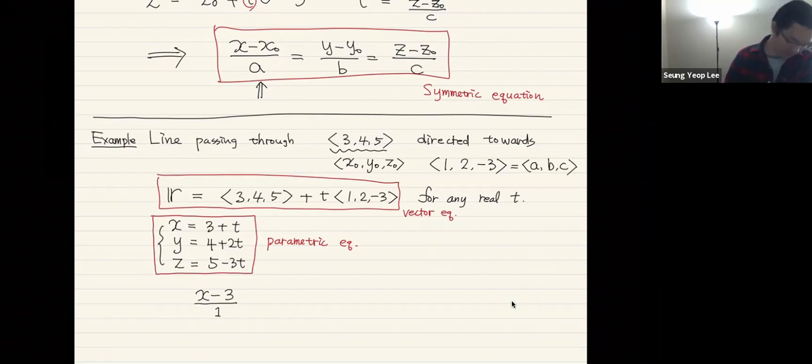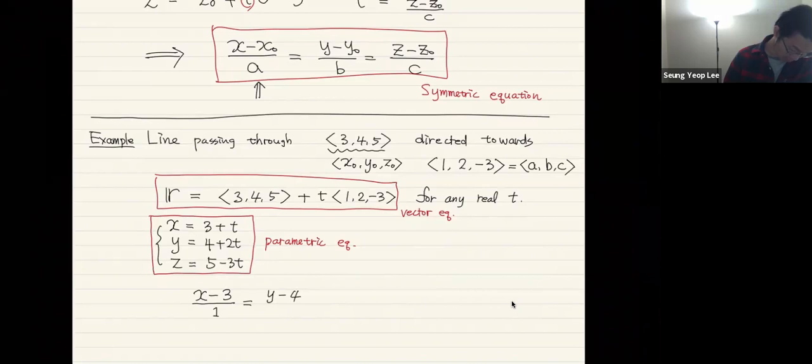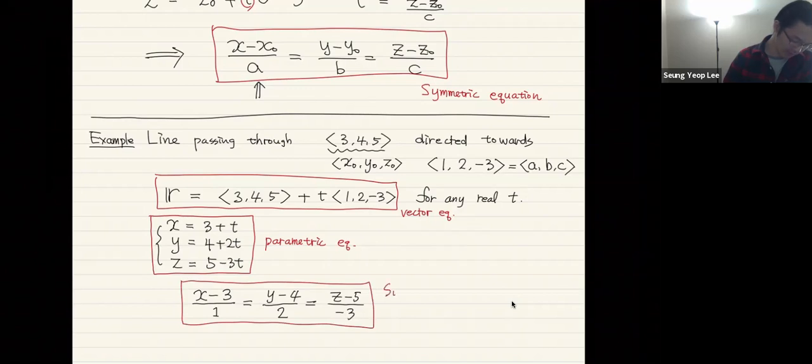That's the first equation, equal y minus 4 over 2, equal z minus 5 over minus 3. So that's the symmetric equation of the line representing the same line.